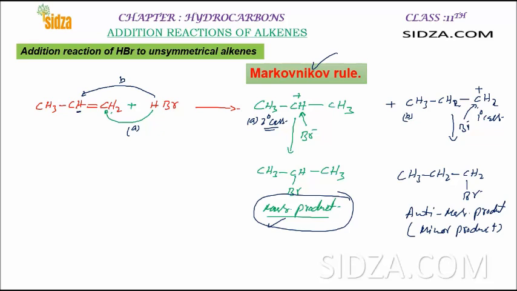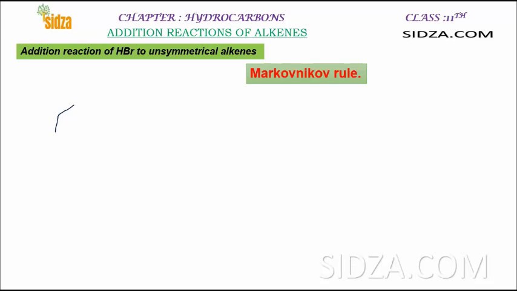Let's take one more example over here. Suppose we have this molecule here, and over here is a double bond, and you have a CH3 here, and you have a hydrogen over here. When I add HCl, there are two possibilities: either it may follow a Markovnikov addition or anti-Markovnikov addition. If hydrogen attacks this one, it is as per the Markovnikov's product, because among the two carbon atoms, the hydrogen is over here, and this particular carbon does not have any hydrogen atom.